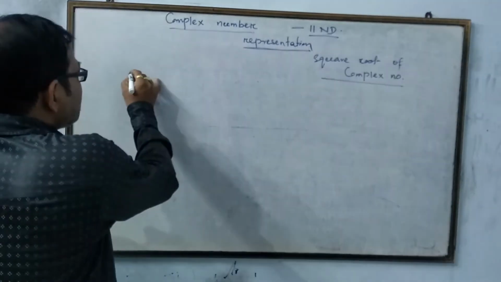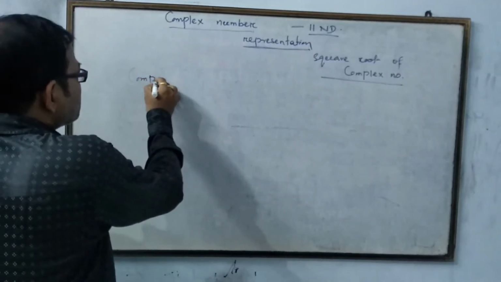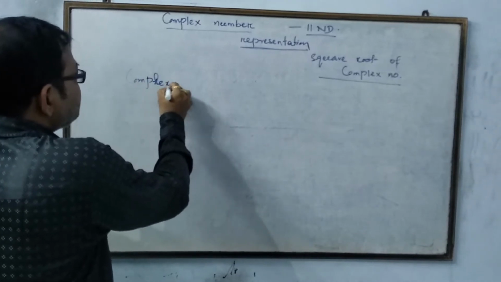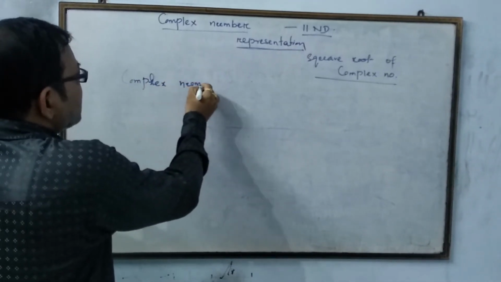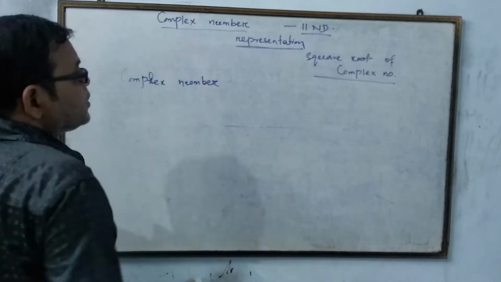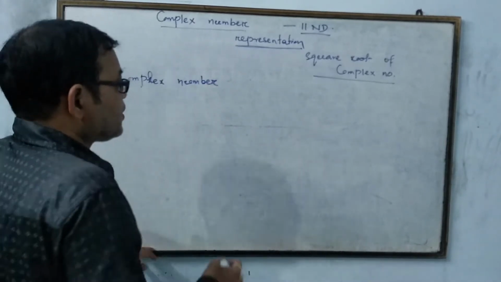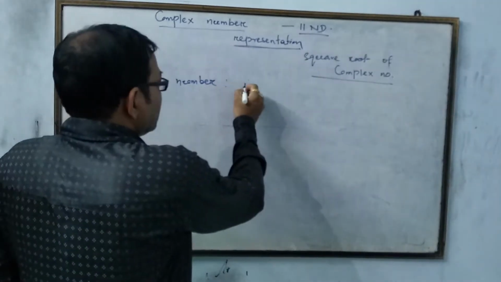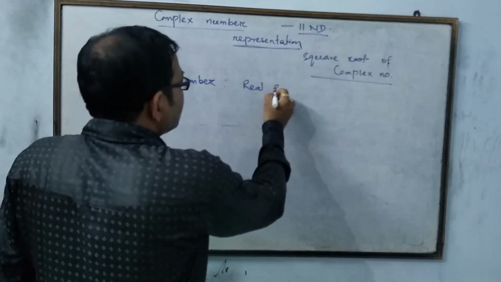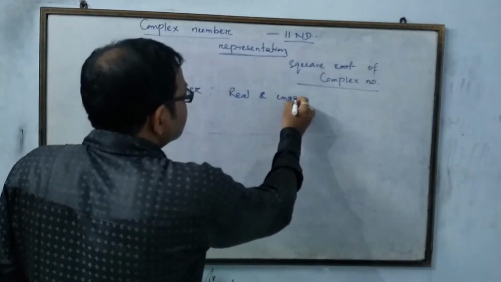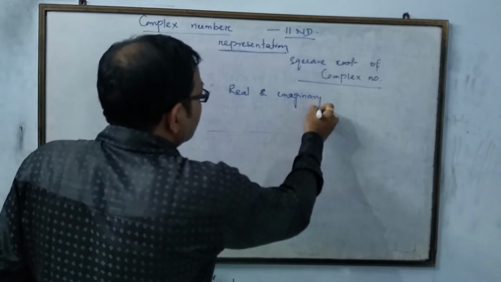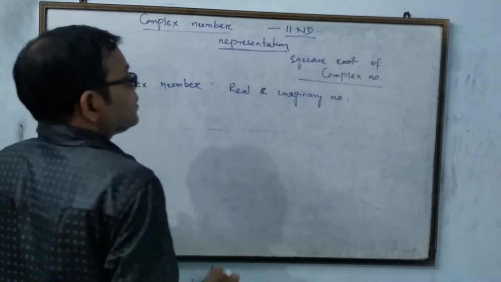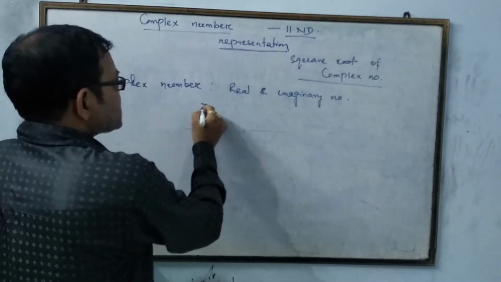So what is a complex number first? I want to show you what a complex number is. A complex number is the combination of a real and an imaginary part. Let us take z as a complex number.